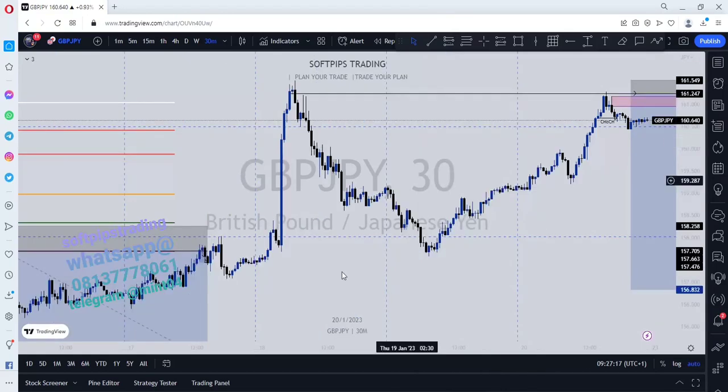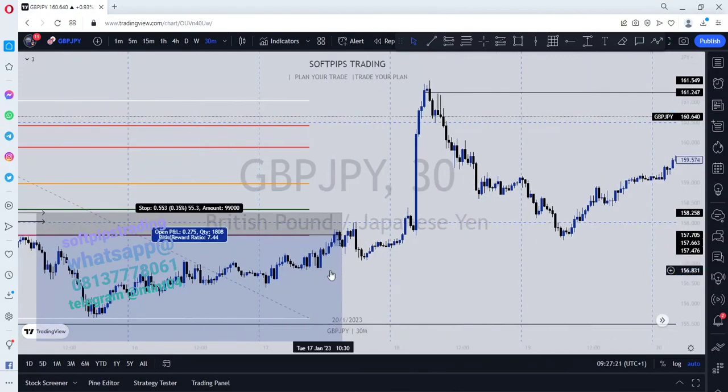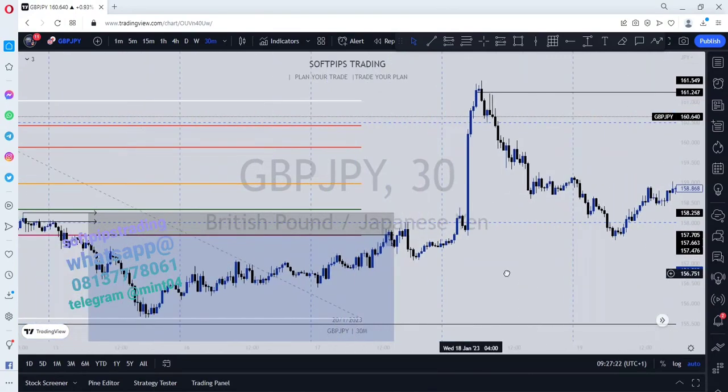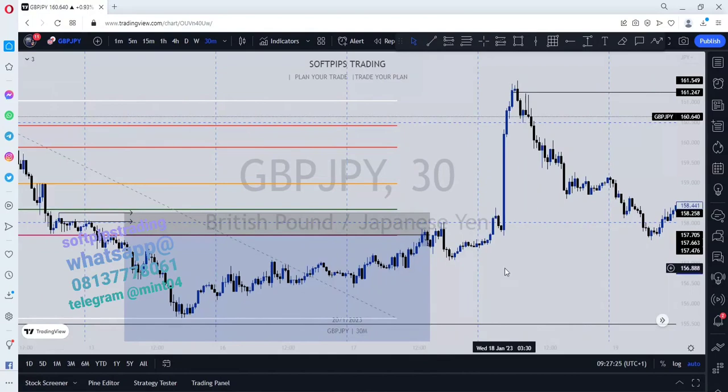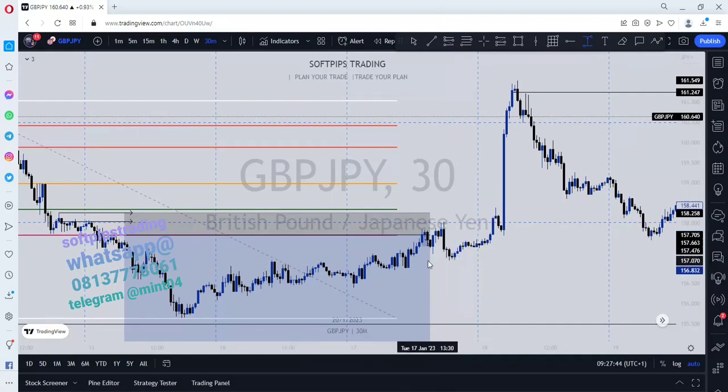Here last week we were looking to sell from this level. This level we took break even. It gave us I think around 50 pips or so. Yes, 81 pips. After 81 pips we broke even, and the market took us out. So that's just the market.